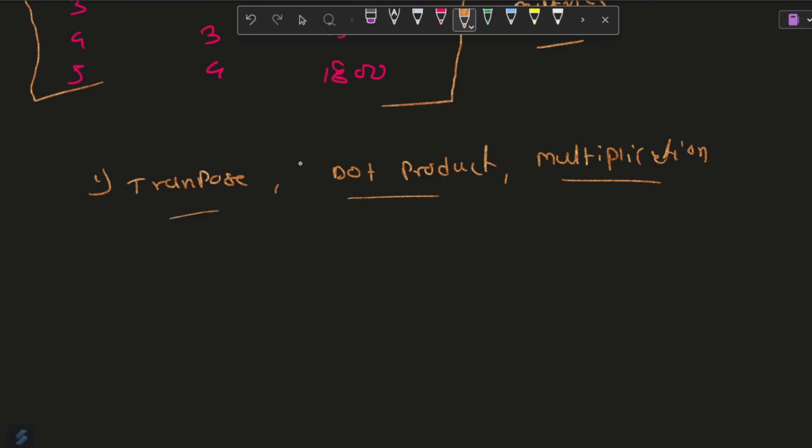But for now, just understand that this is for predicting output basically. What is the output?